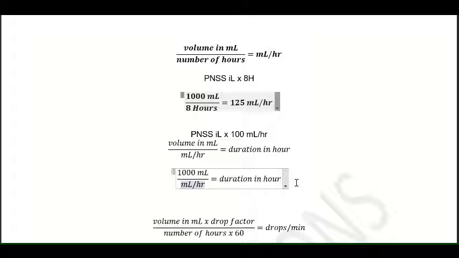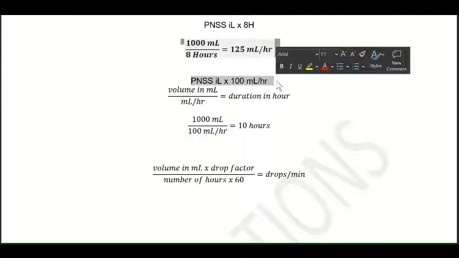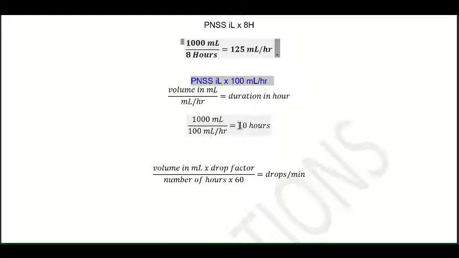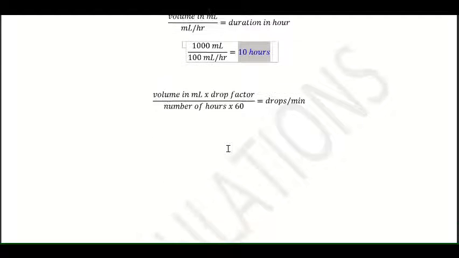And then the ml per hour is 100 ml per hour. 1,000 divided by 100, that would give you 10 hours. That means that this IV order should last for 10 hours. In computing your answers, especially if you're doing it on a piece of paper, it would be wise for you to box your final answer.